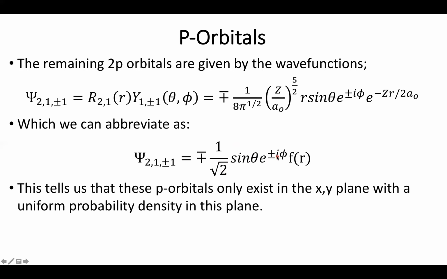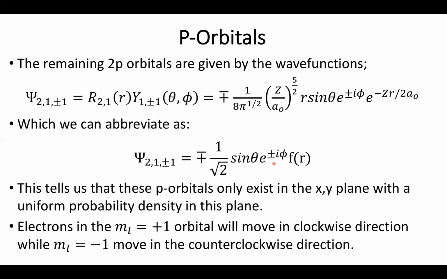Because if you remember, if I apply my angular momentum operator to this imaginary function of phi, what we're going to find is that if m sub l is plus 1, then the electrons are going to move in a clockwise direction and generate a positive angular momentum.